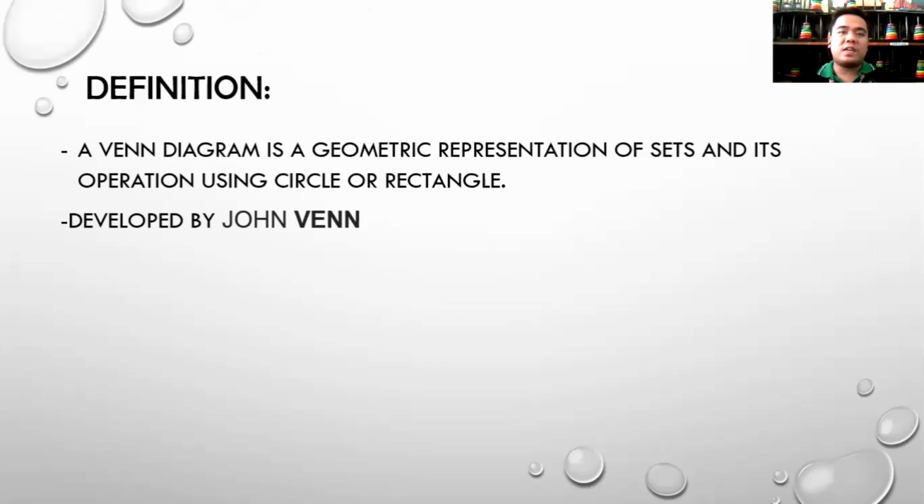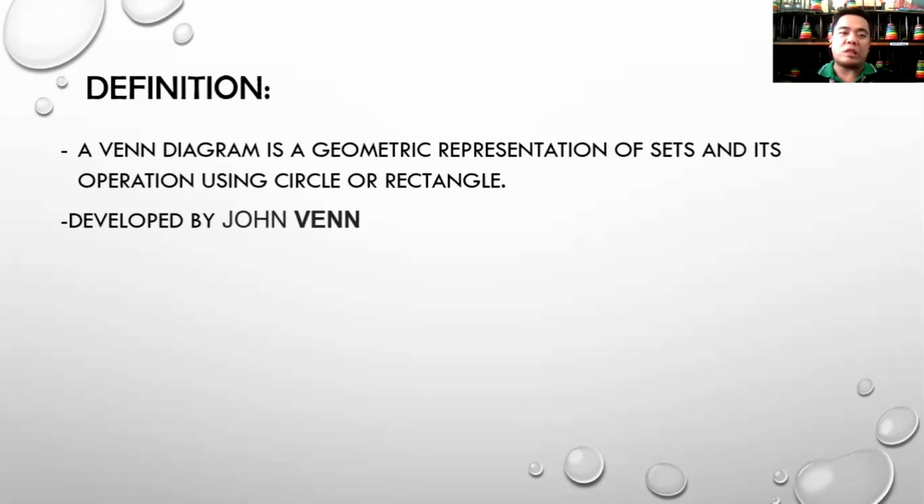So this is how you are going to visualize some applications of sets. When we talk about geometry, we are going to use figures so that we can understand sets better, specifically the operation of sets and its problem solving.